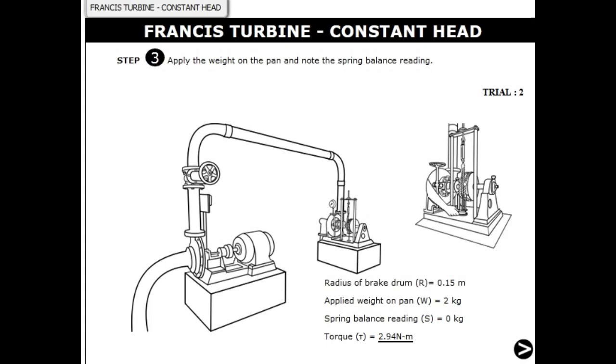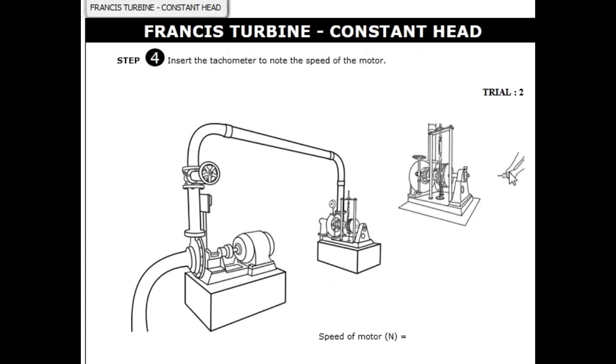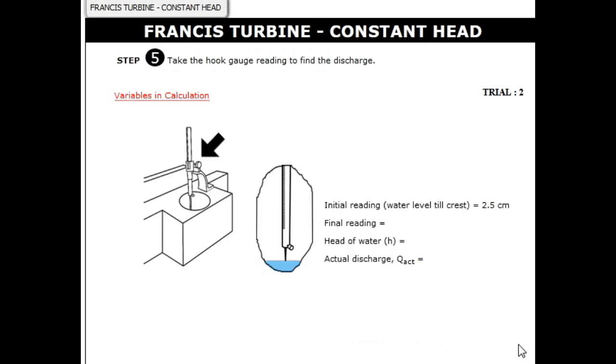The torque is 2.94 Newton meters. Speed of the motor, if you remember earlier it was 1750, now it has come to 1630 rpm. Now we measure discharge. Initially we fix it to 0, then the water level has come to 10.3 centimeters.